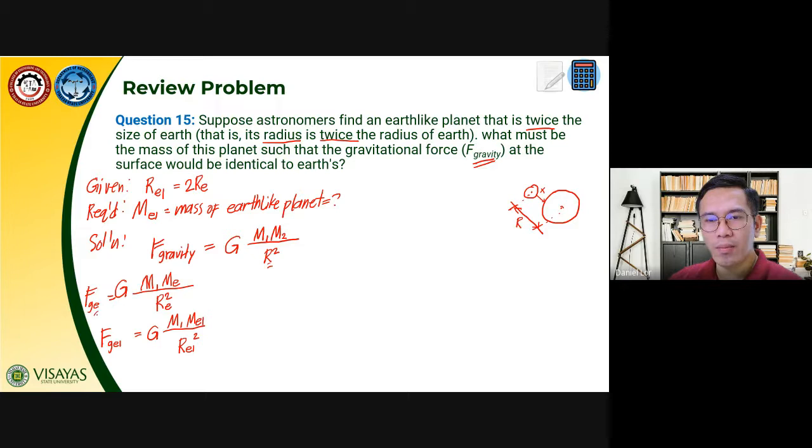Since these two should be equal, therefore, the right sides of their equations should also be equal.